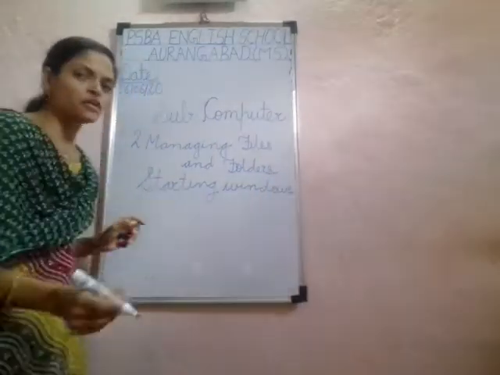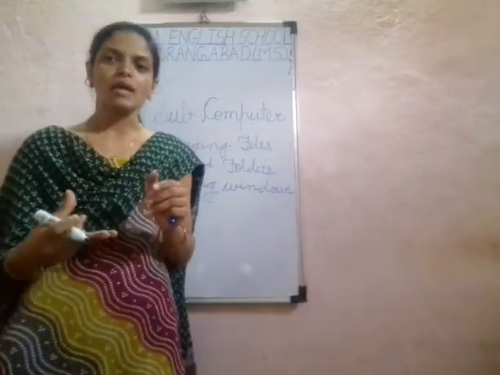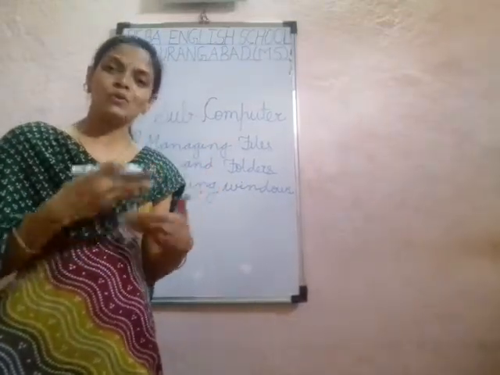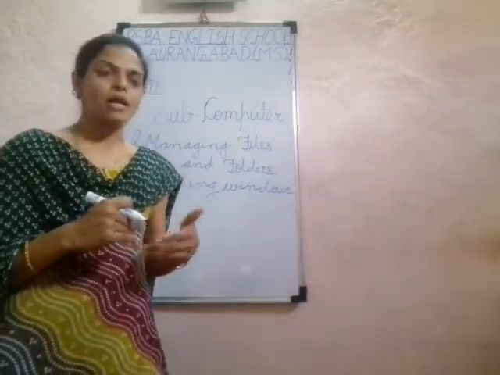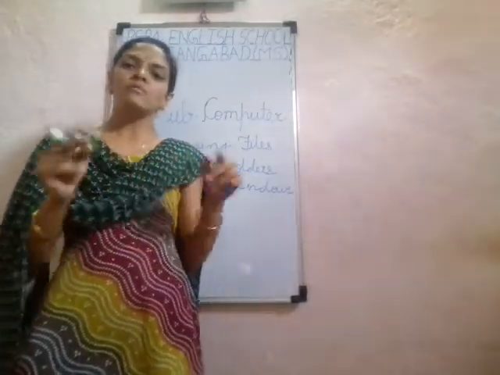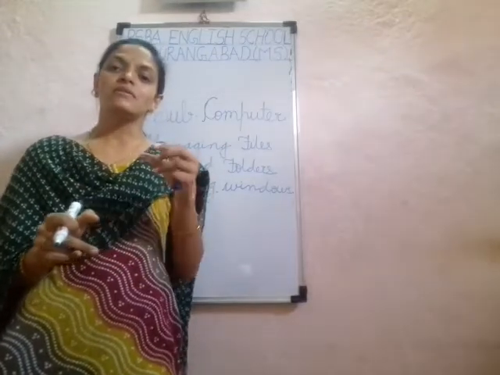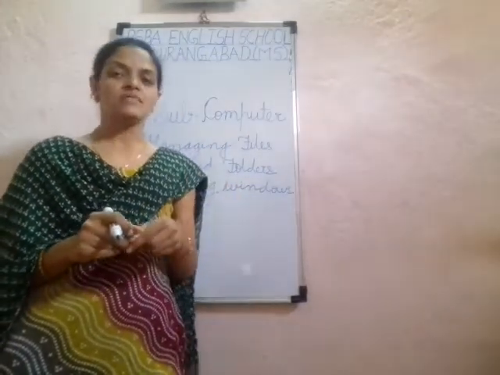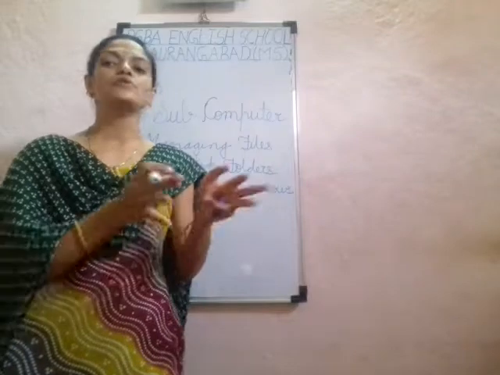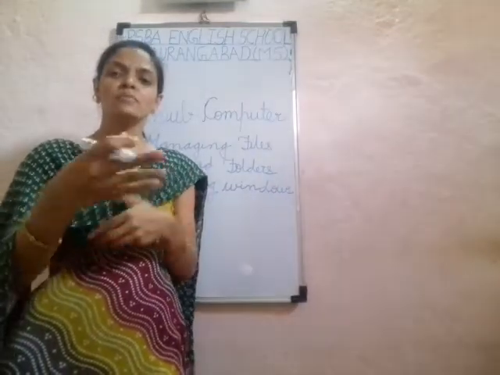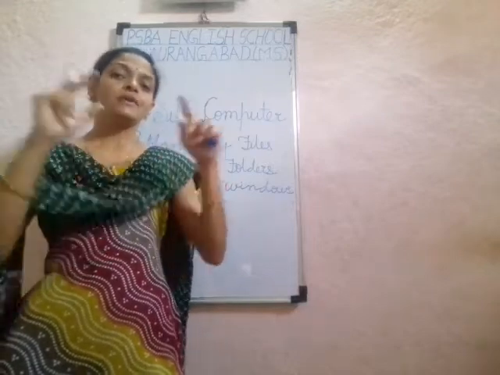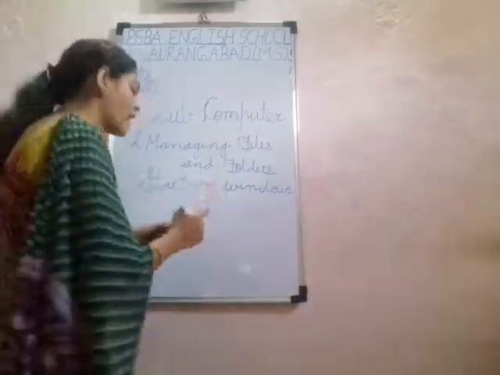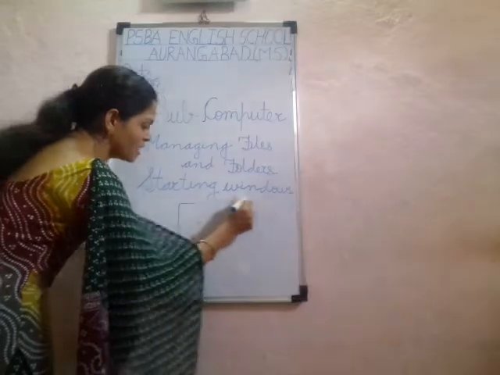Yes children, when you start your computer, your operating system will get loaded in the computer memory, and after all the processing you get the operating system name, that will be Windows 7, Windows 8, or Windows 10, which is installed in your computer. And at the last you get the final screen that we can call desktop.